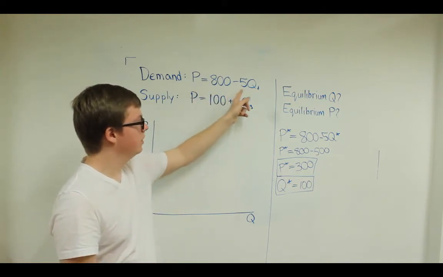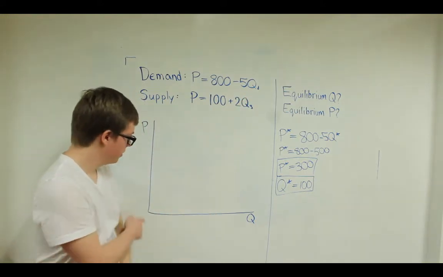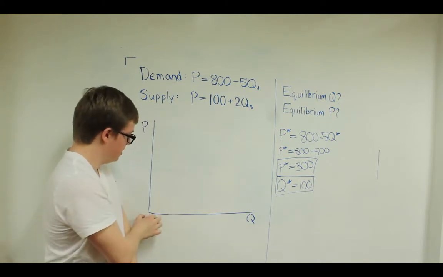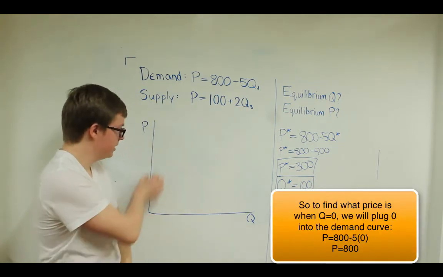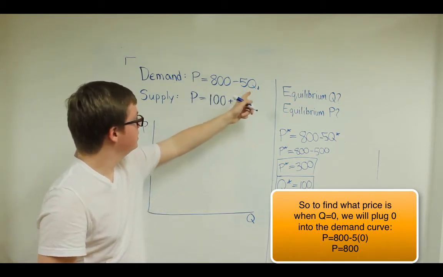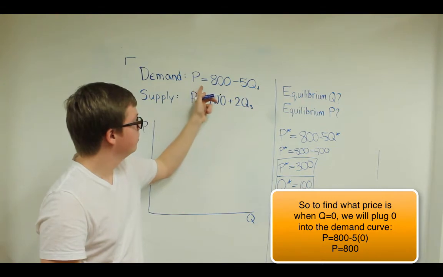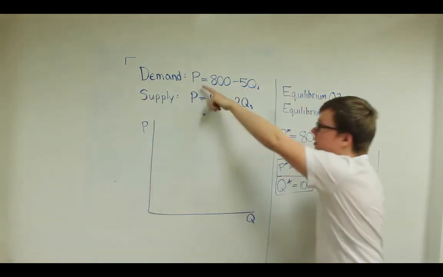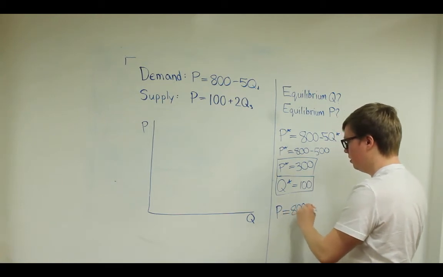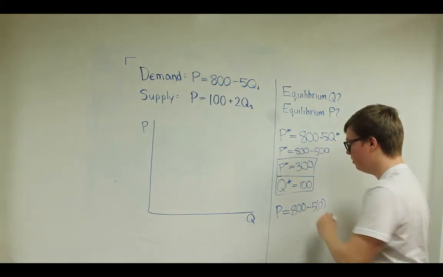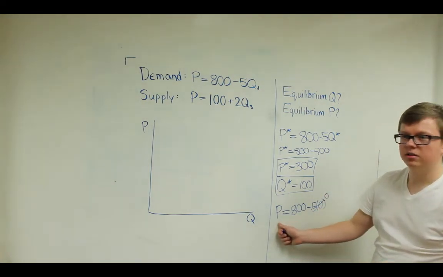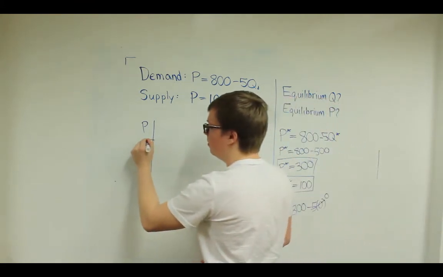Well, you take the demand equation, and if we want to know where it intersects the price axis, we set quantity equal to 0, because quantity is 0 when we're on this axis. So price equals 800 minus 5 times 0, and this is just 0, so the demand curve intersects the price axis at 800.